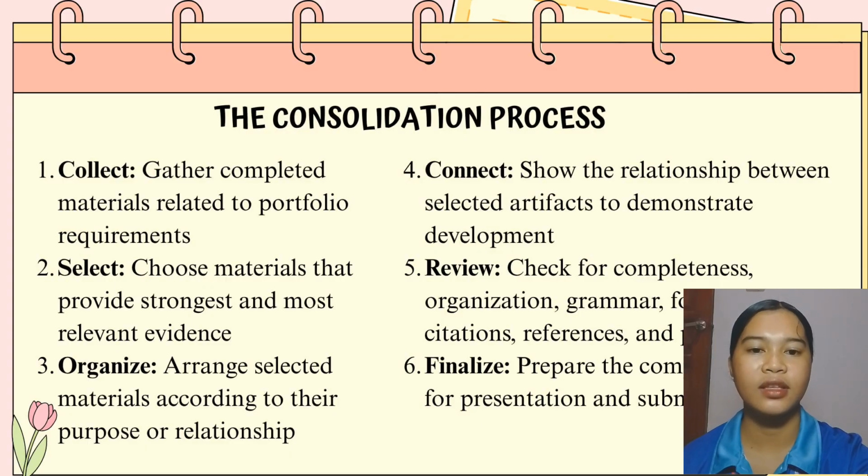We check the completeness, organization, grammar, formatting, citations, references, and also the page numbers. We should also check if all required materials are included. The last step is finalize. After collecting, selecting, organizing, connecting, and reviewing our materials, we prepare the complete portfolio for presentation and submission.